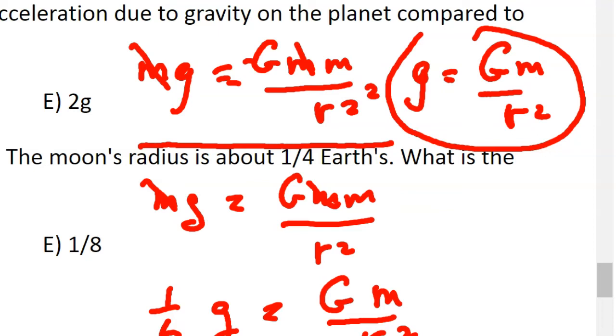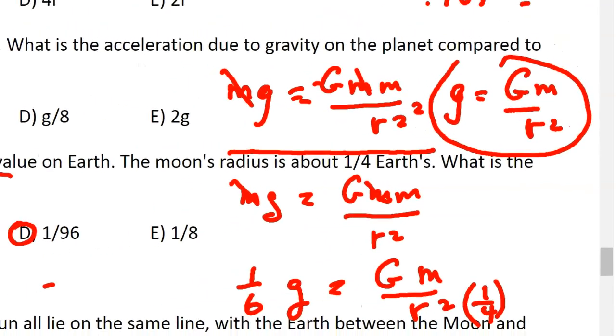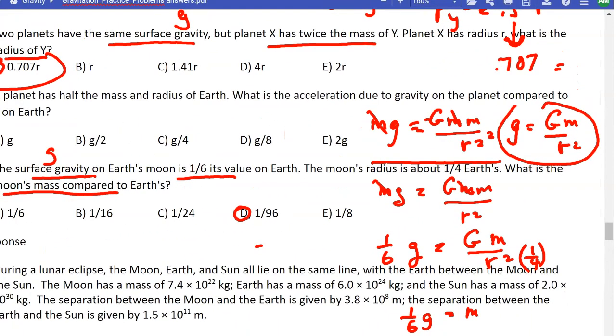The radius is 1/4, but that gets squared to become 1/16. Now everything that stays the same can go away. So M does change. This is what we want to find, divided by 1/16 on the bottom.